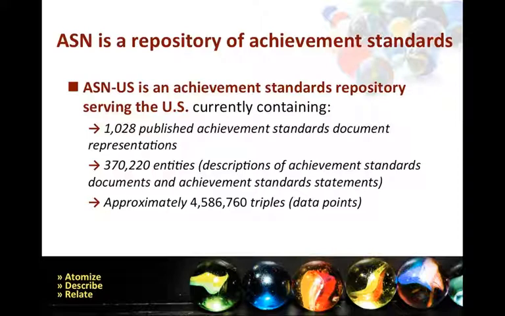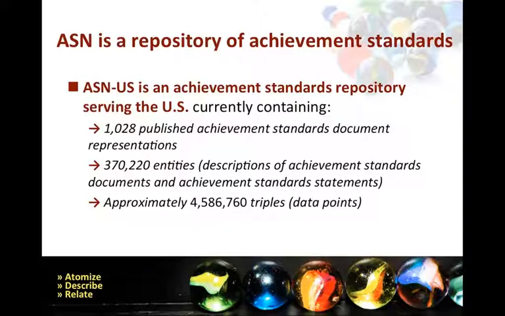Some of them are deprecated. The active ones, new ones are all there. Currently, there are over 1,000 of these achievement standards documents containing sets of achievement standards from the 50 states, District of Columbia, and various other sources.